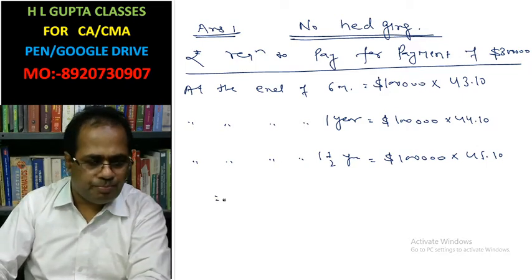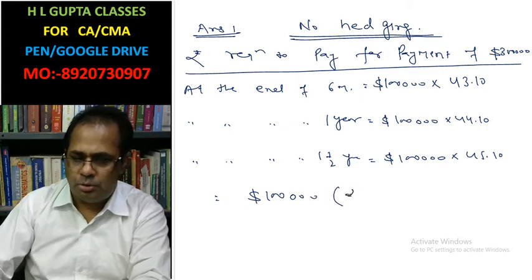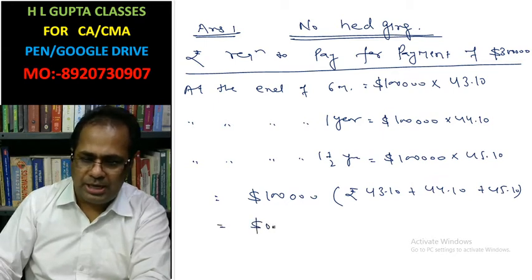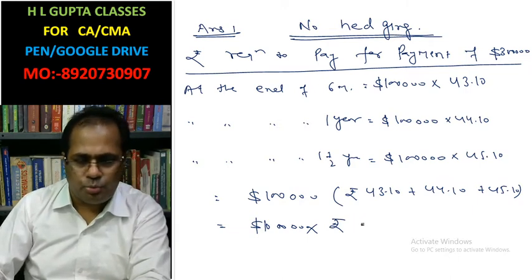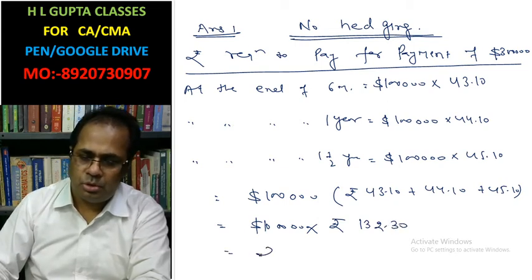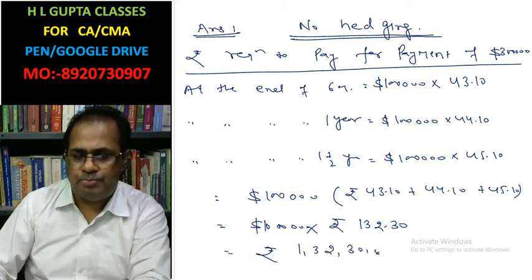Ultimately you have $1 lakh times rupees 43.10 plus 44.10 plus 45.10, that is 1 lakh into rupees 132.30, which is rupees 1 crore 32 lakh 30,000.